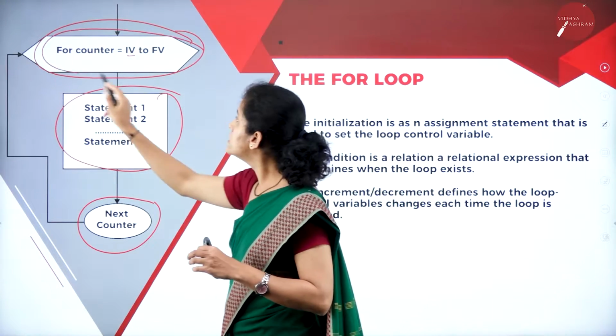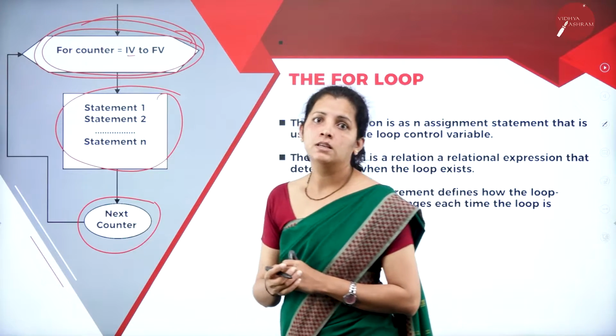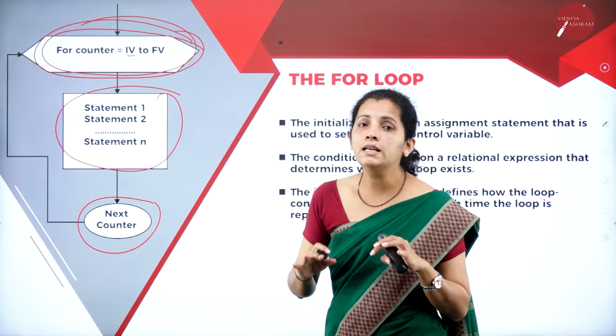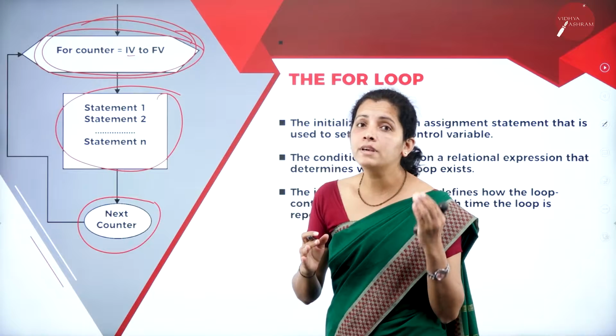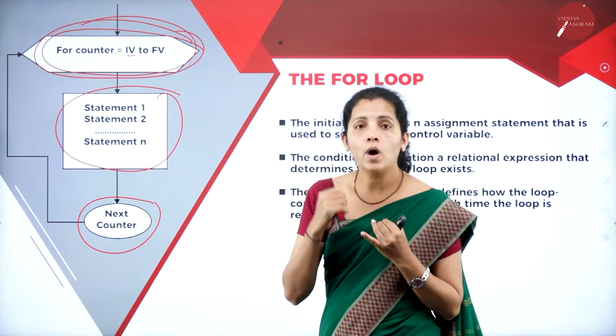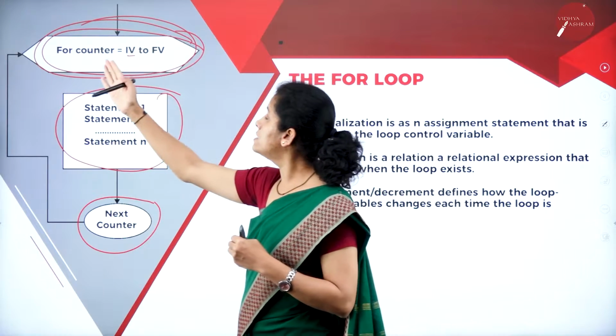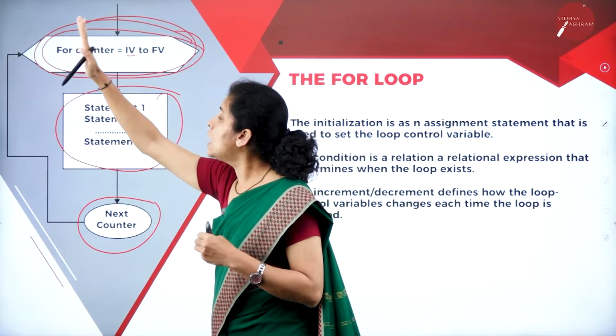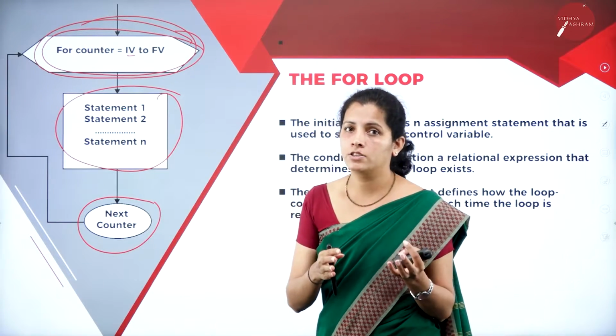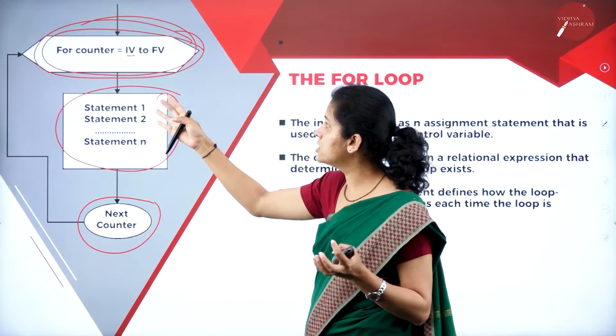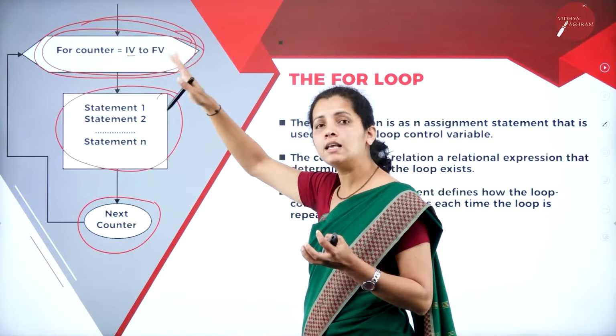So here, see the diagram. This diagram is completely different from previous diagrams like while or do while loop. Here itself, I'm going to write the complete for loop structure, that is initialization, condition as well as increment or decrement.